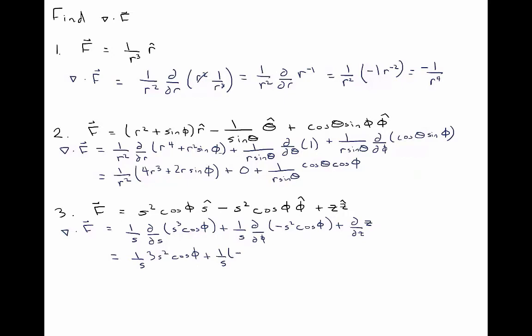Now minus s squared is a constant. The derivative of cosine phi is minus sine phi. So there I'm going to flip the sign. The derivative of z with respect to z is just 1. I'll clean this up a little bit.